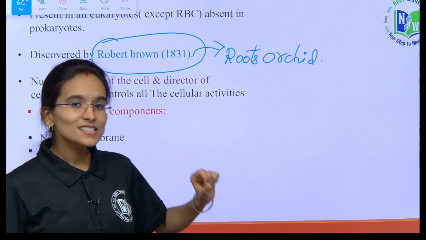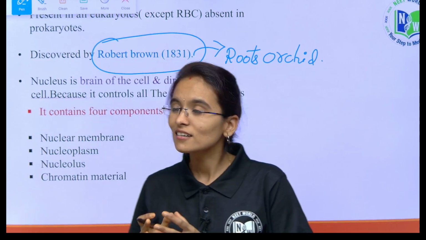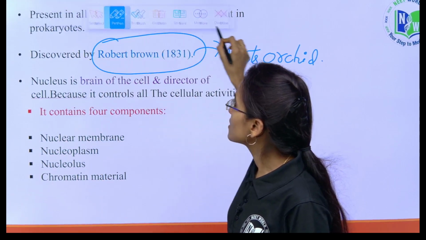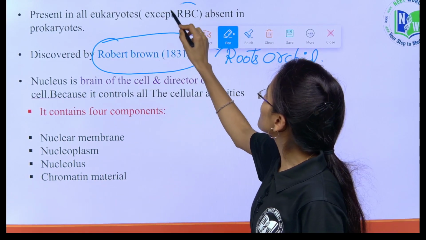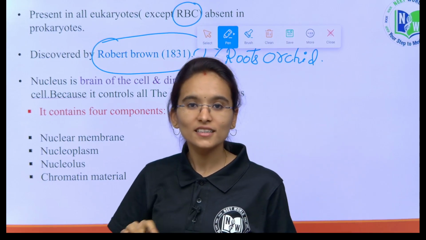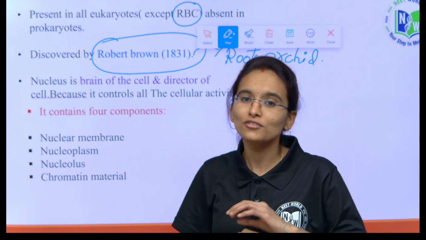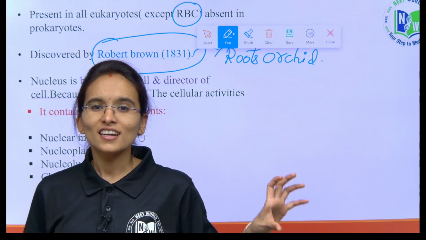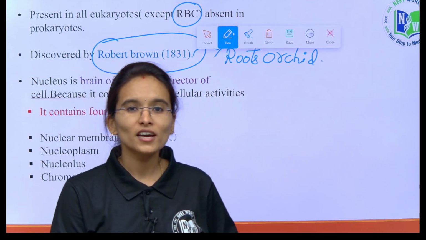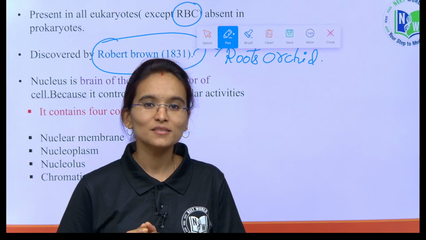We can see the nucleus present in all eukaryotic cells, but the nucleus is absent in the RBCs. RBCs do not have a nucleus. Do you remember, in the last session we discussed prokaryotic and eukaryotic cells?